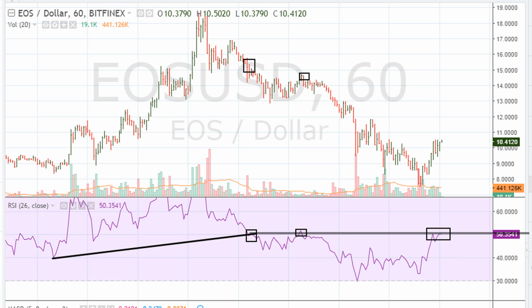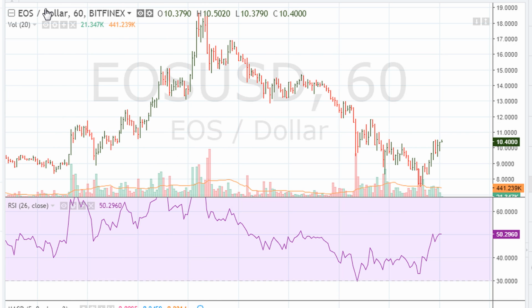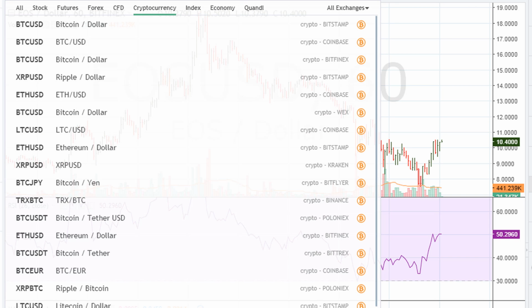So if we want to move higher, what EOS is going to need to do is move above this line. Otherwise, confirmation of resistance here, especially if it turns out that we end up having a double top here, you can rest assured that we are going to start pressing lower in the short term. Let's take a look at another crypto.